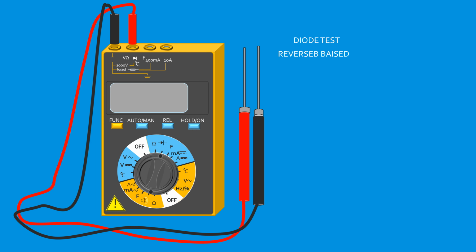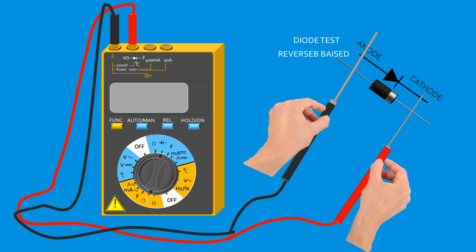The color-coded side of the diode is the cathode, that is negative. A diode is a semiconductor that acts as a one-way switch for current and allows current to flow in one direction but opposes it in the reverse direction.